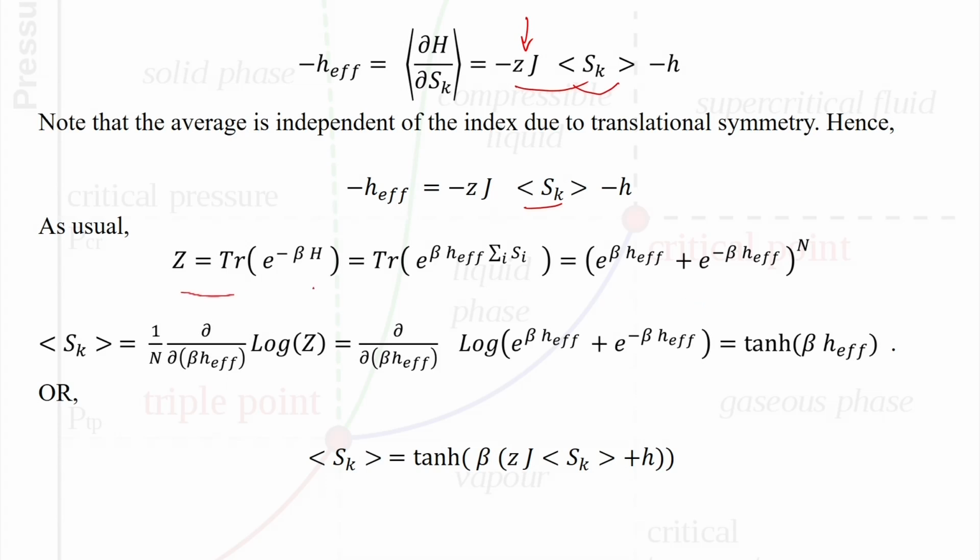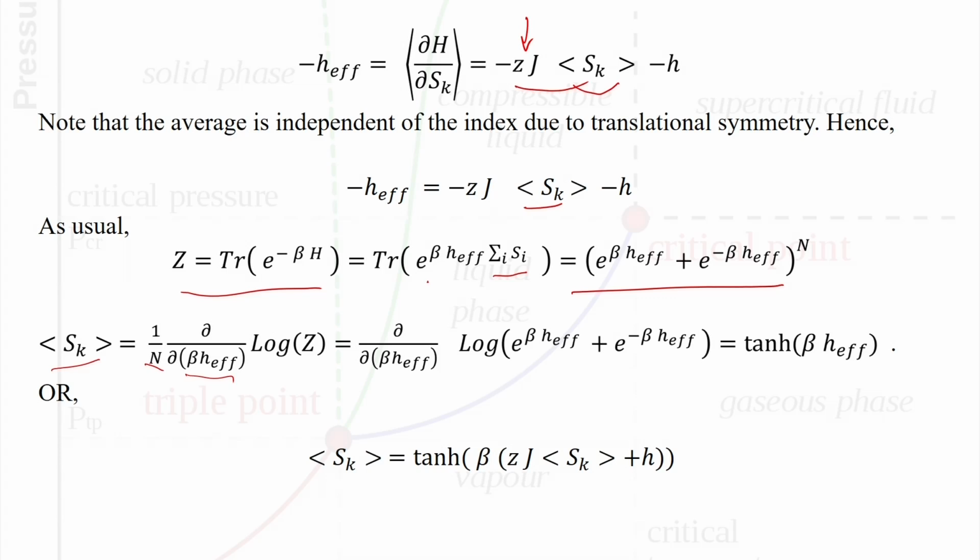First we calculate the partition function, and then you differentiate with respect to beta h. You get your total s, the sum over all the s's, and then you divide by the total number of spins, and that is your average of s_k. I hope you get what I am saying.